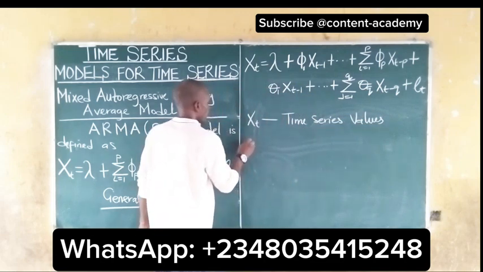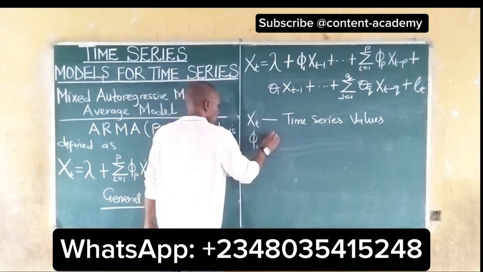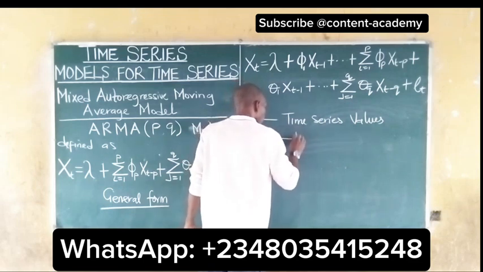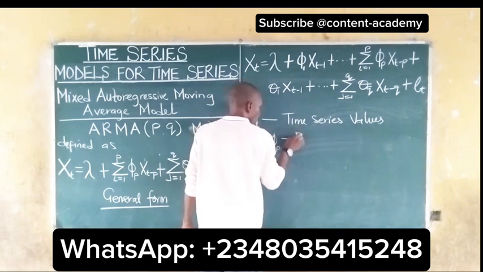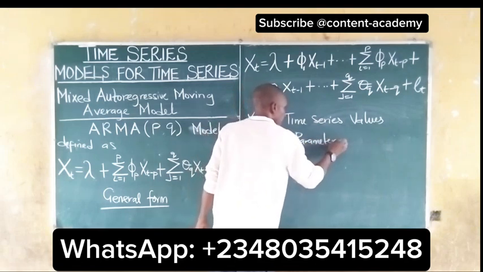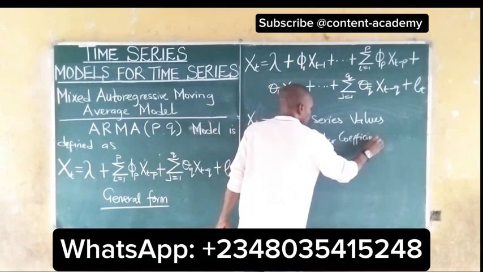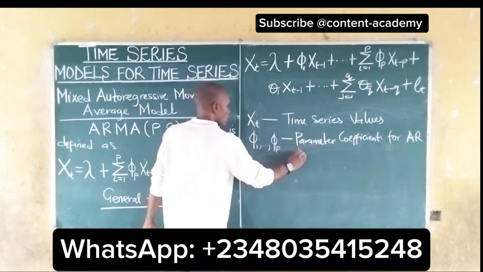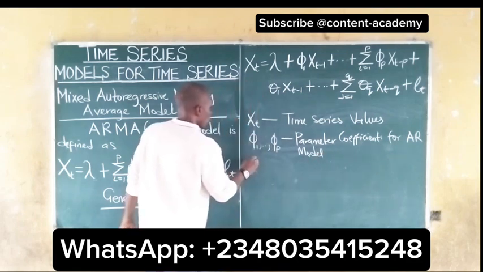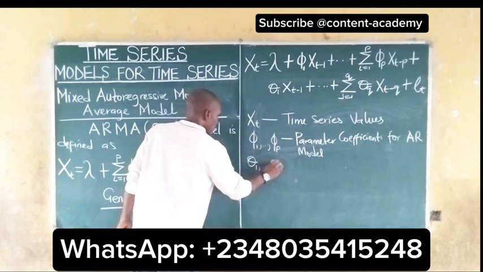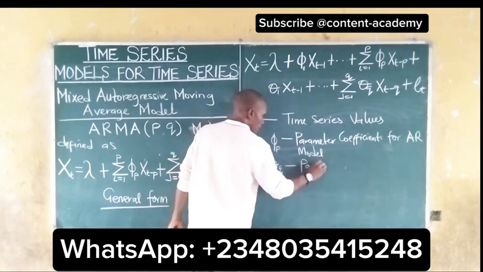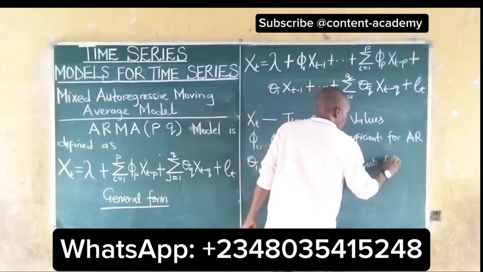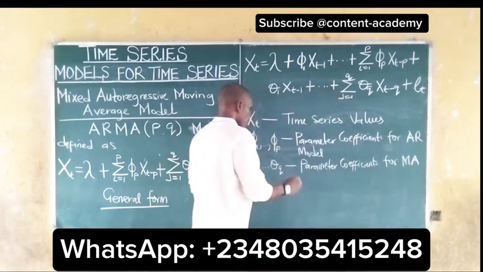We have phi 1 to phi p, which are the parameter coefficients for the AR, the autoregressive model, and theta 1 to theta q are the parameter coefficients for the MA, the moving average model.